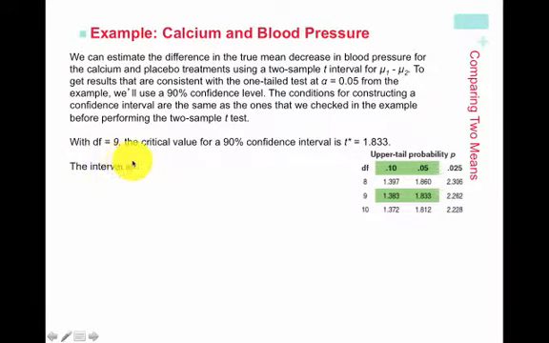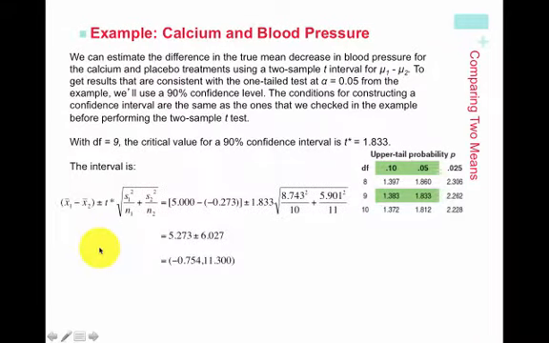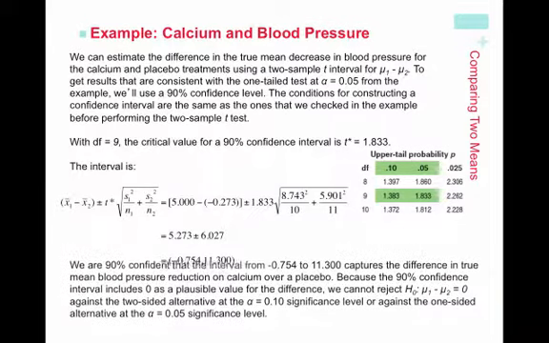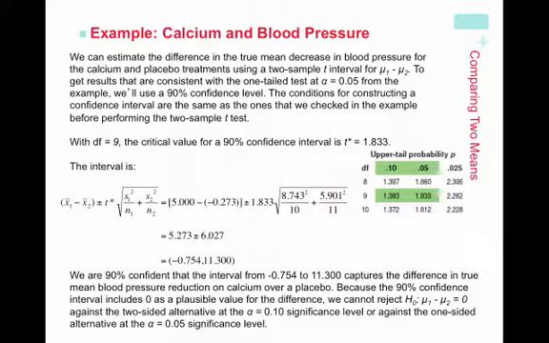And we could use the calculator again, but if we use the degrees of freedom of 9, the critical value is 1.833. Our confidence interval would be negative 0.754 to 11.3. So we're 90% confident that this interval captures the difference in true mean blood pressure reduction on calcium over placebo.